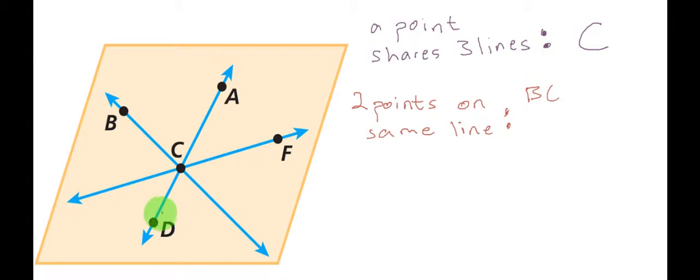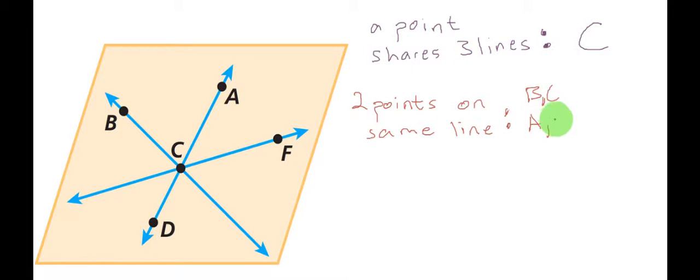Another possible answer would be to choose 2 points that are on the line that passes through points A, C, and D. So I could just choose 2 of them. I could choose A and D or A and C. Make sure that you're putting commas between these points as well.